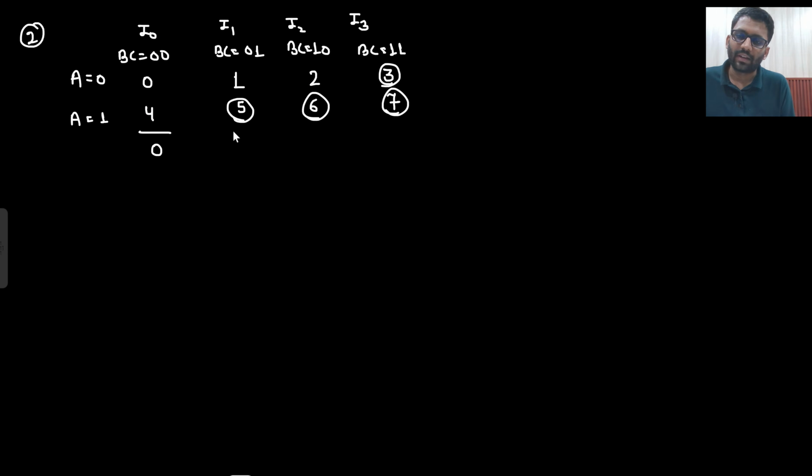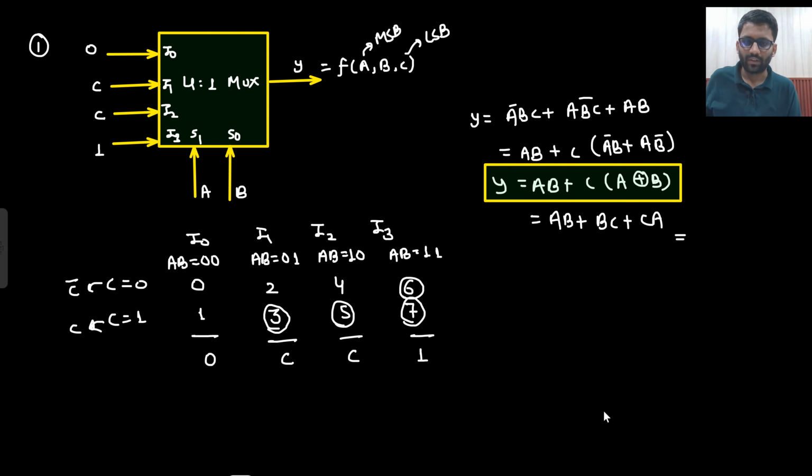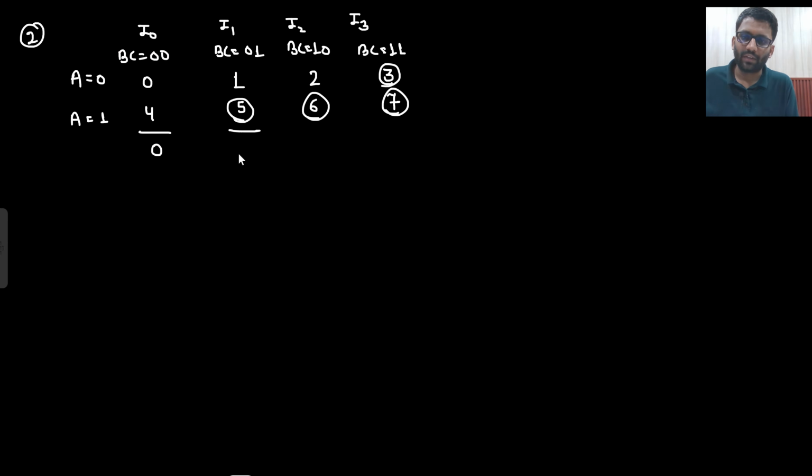So again the same thing we are getting. Let me check back again. 3, 5, 6, 7. Okay. So I1 should be A, I2 should be A, and I3 should be 1, and this I0 should be 0.